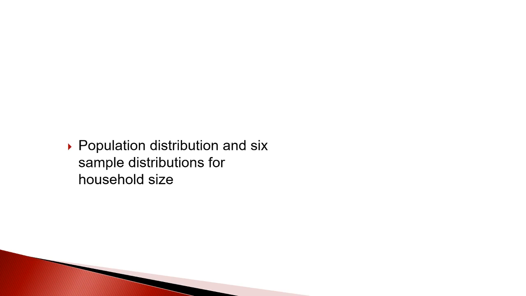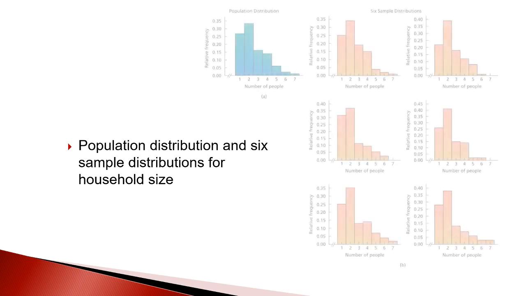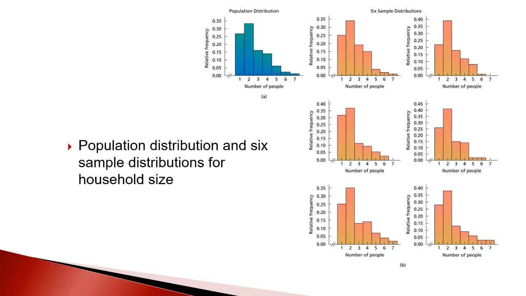And in this slide, you can see the population distribution and the distributions of 6 samples drawn from the population. Each of these samples is different from the others because each was drawn in a different way. So there are 6 samples, and these samples have no connection with each other.